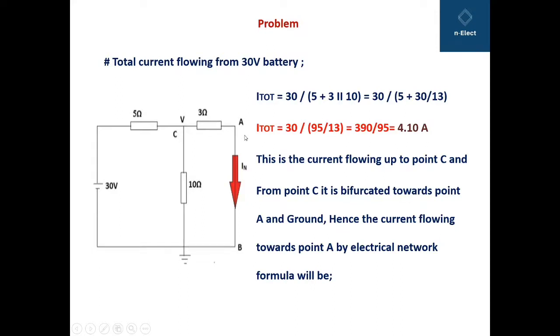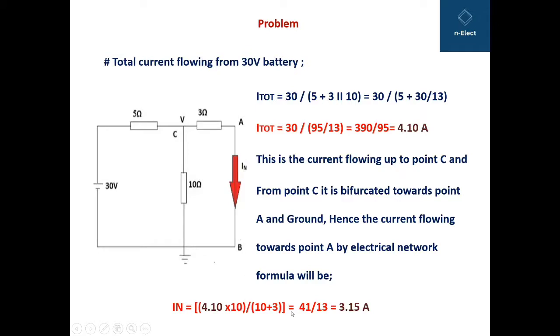Hence the current flowing towards point A, by the electrical network formula we have already seen in previous videos to calculate the current flowing through one of the parallel branches of a network. According to it, IN, the current flowing in this parallel branch, equals the total current entering at the node, that is 4.10, multiplied by the resistance through which we don't want the current flowing, that is 10 ohm, divided by this resistor plus this resistor, that is 10 ohm plus 3 ohms.